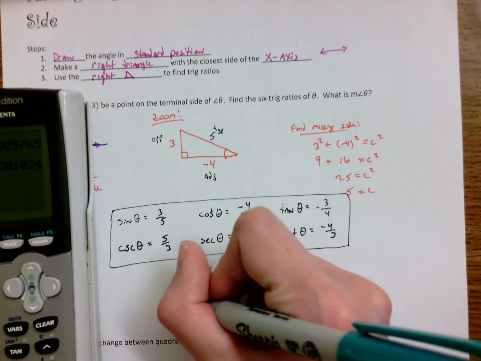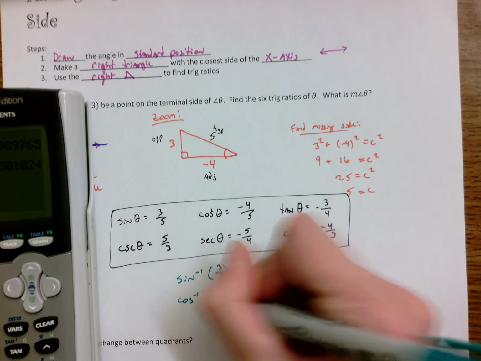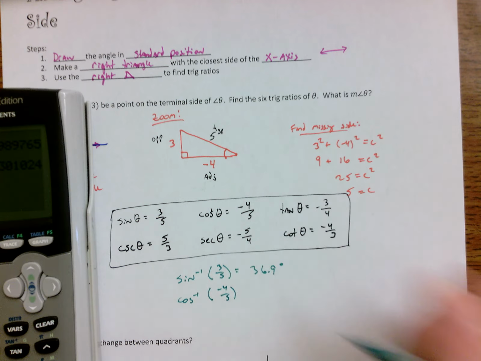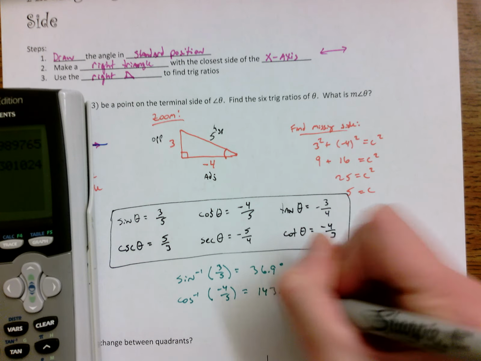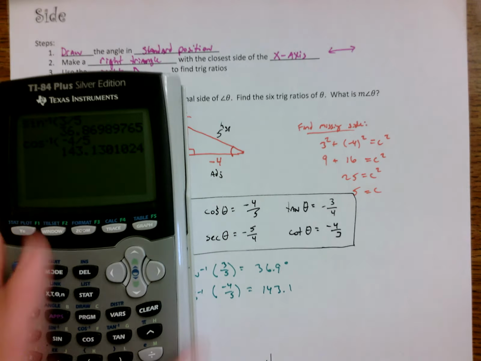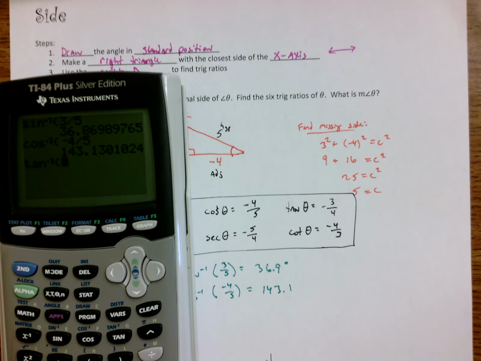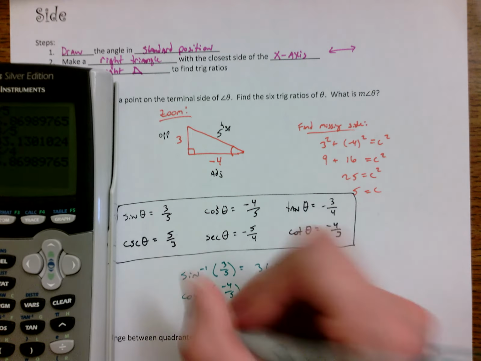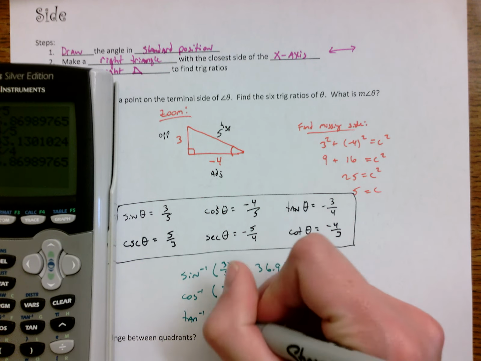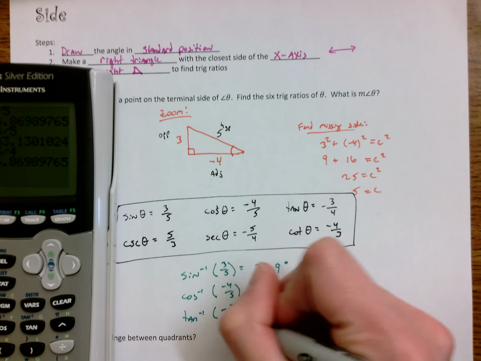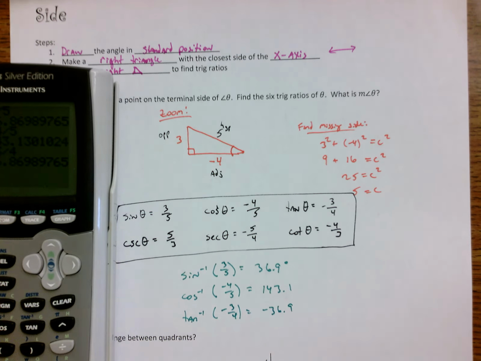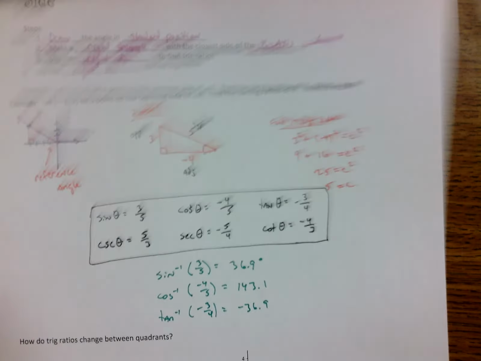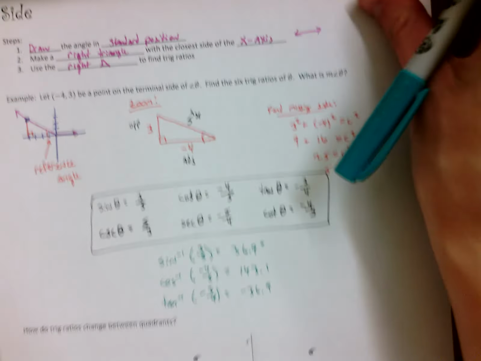So the arc cosine of -4/5 gave me 143.1. And let's try arc tangent. So arc tangent of -3/4 gives me -36. So you're thinking to yourself, the heck, Miss King, how do I know what angle this thing is?